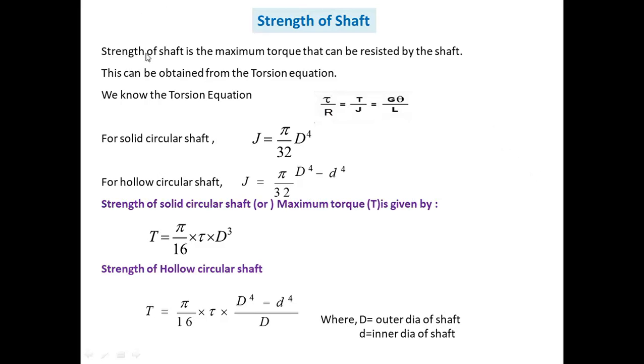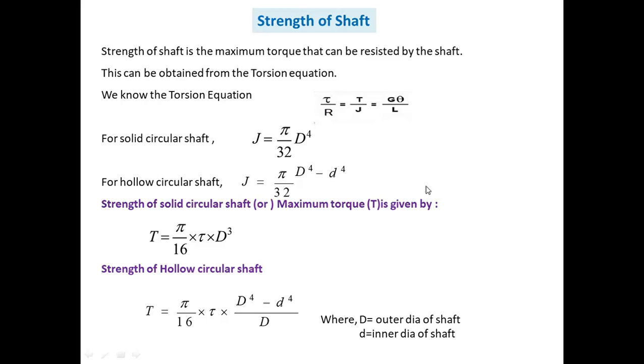So the strength of shaft is the maximum torque that can be resisted by the shaft. This can be determined using the torsion equation. We will discuss this torsion equation in the next video. This is the torsion equation.